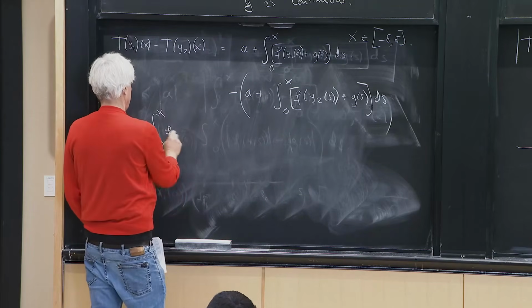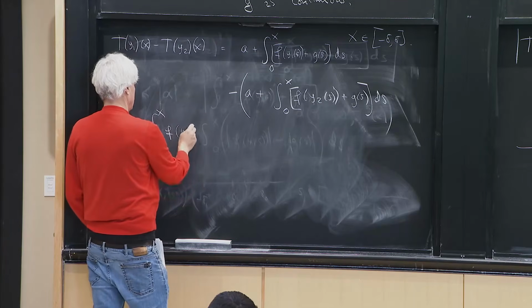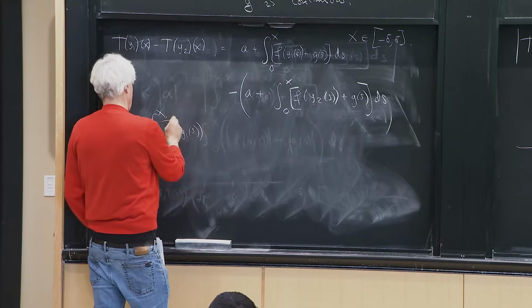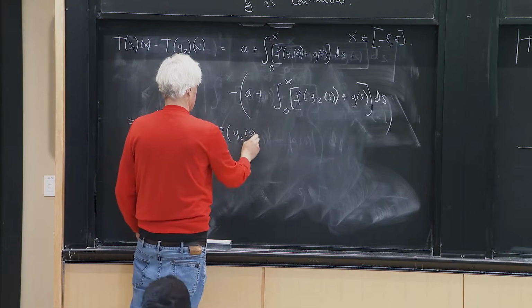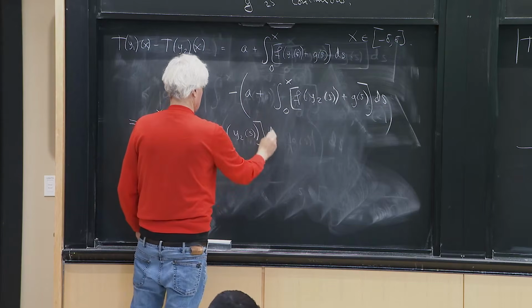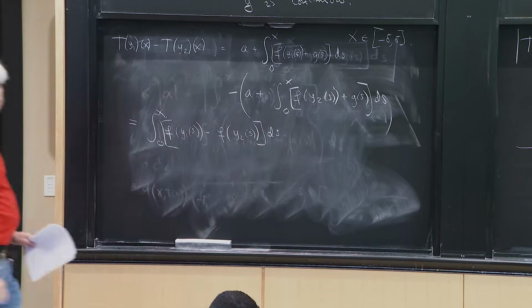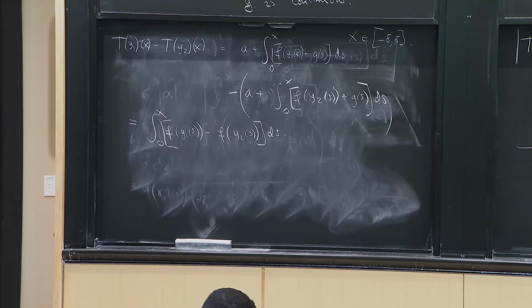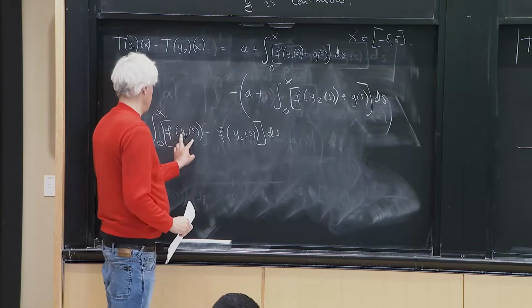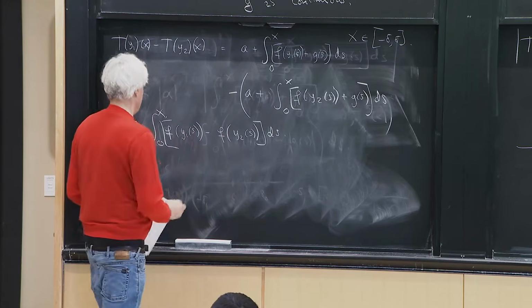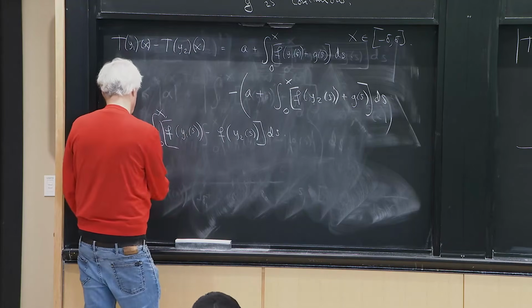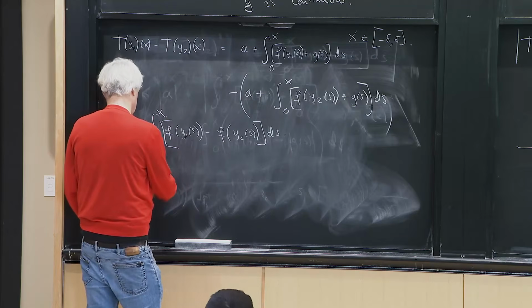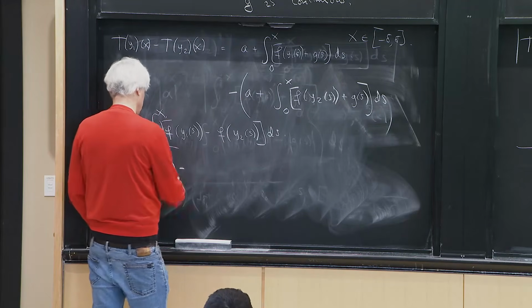But what you get after the cancellation is the integral of f of y1 of s minus f of y2 of s, ds. Okay, so you have that. Now I will look at this difference, and you have to abstract from it.